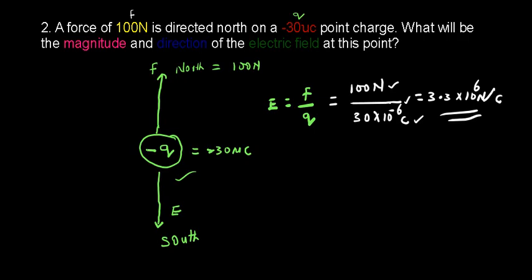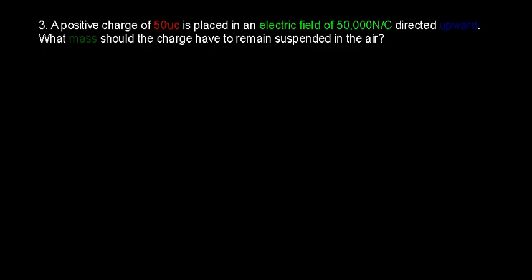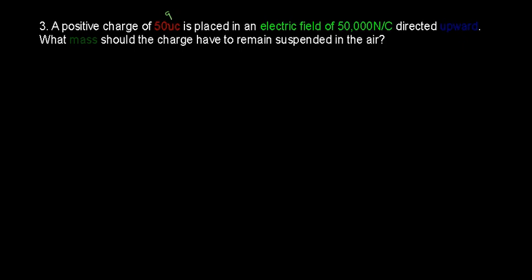Okay, I hope that is well taken. Let's go ahead and play with question number 3. A positive charge of 50 microcoulombs, so this is our charge Q, is placed in an electric field of 50,000 Newton per coulomb, so this is our E, directed upwards.